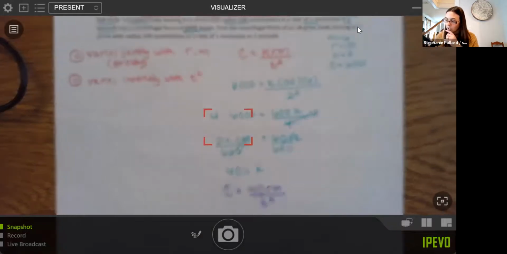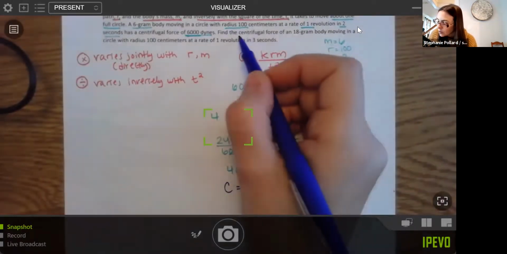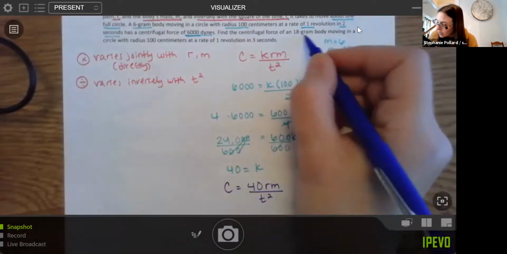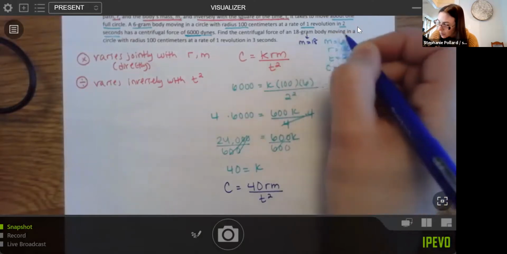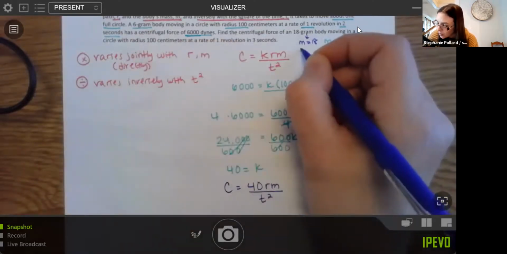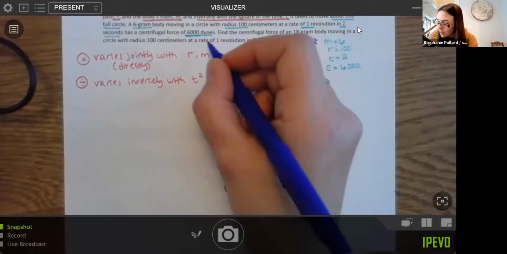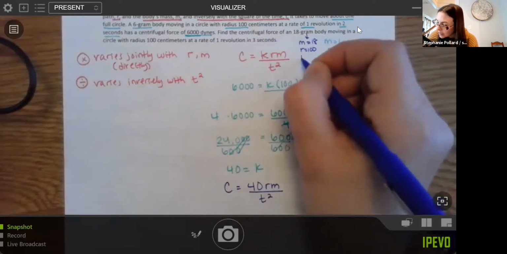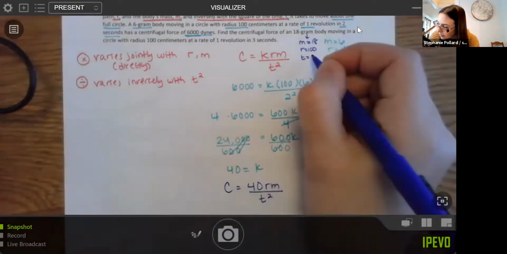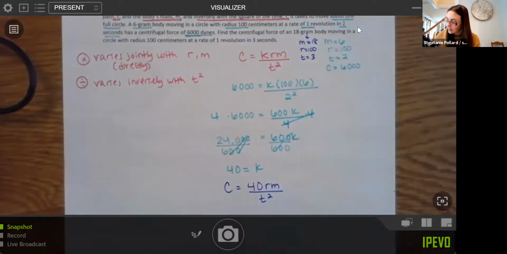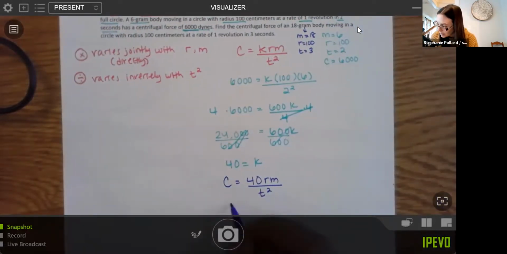So we're going to have a question to answer. We're going to find the centrifugal force of an 18-gram body. So now we want a mass of 18 moving in a circle, still with radius 100. And this time at a rate of 1 revolution in 3 seconds. So again, the 1 revolution is just how long it takes to go around. The time there would be 3. That's the number that I need. So I'm looking to find C. Radius is 100. My mass here is 18.